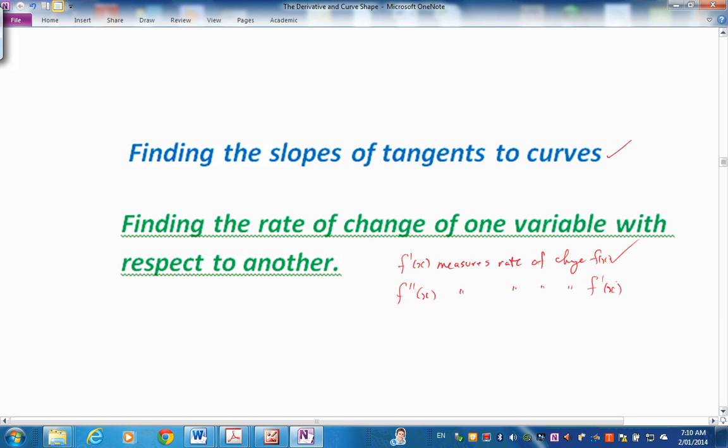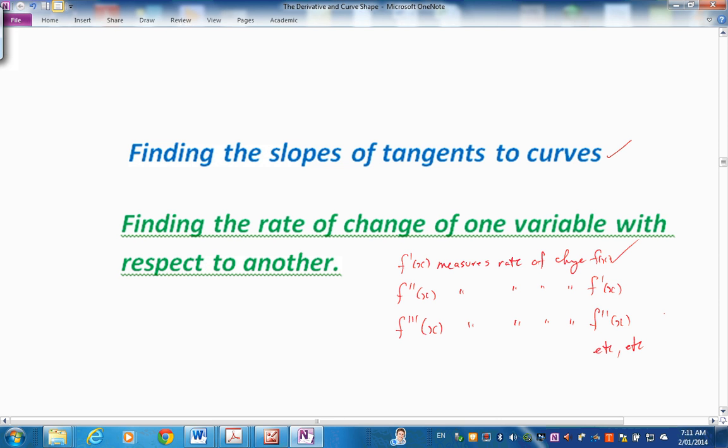And although it hasn't got any obvious graphical implications, we could do the third derivative, which measures the rate of change of the second derivative, etc., etc.